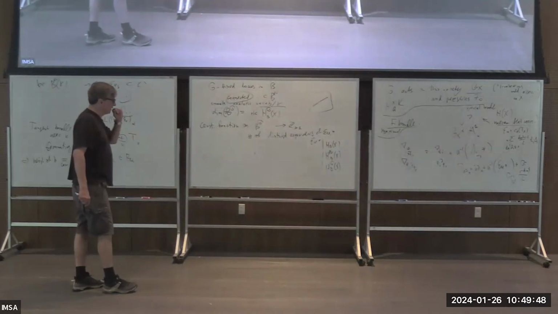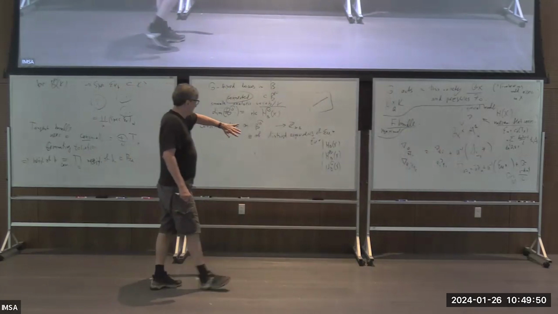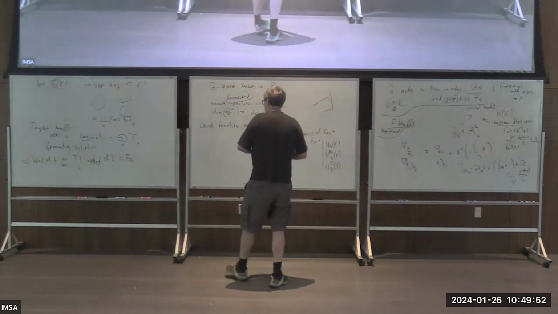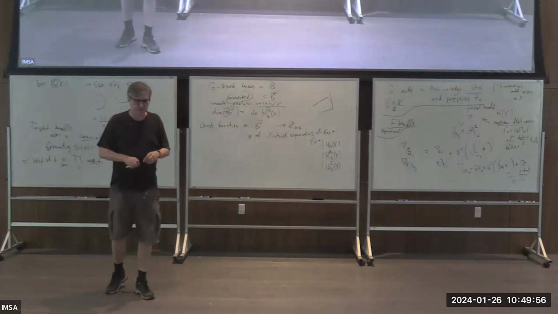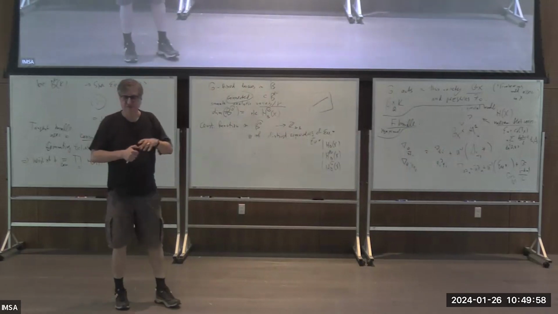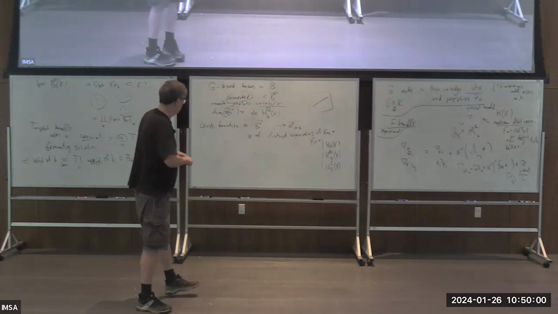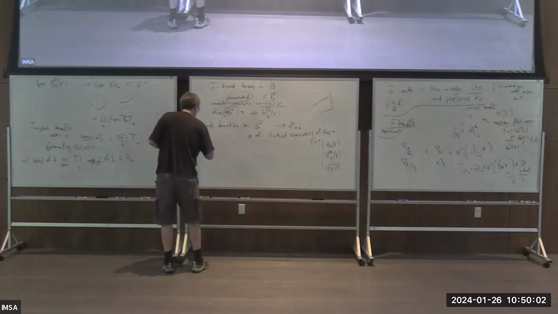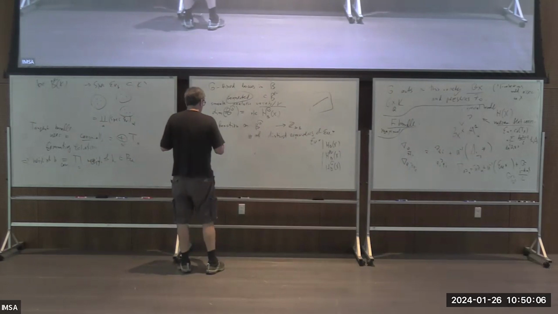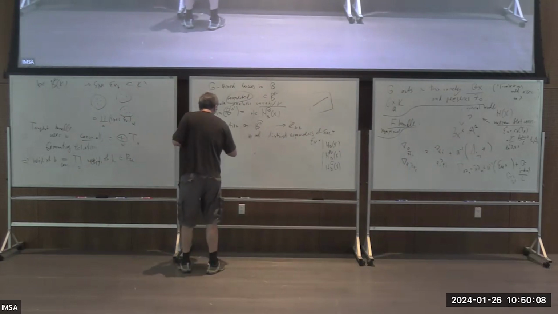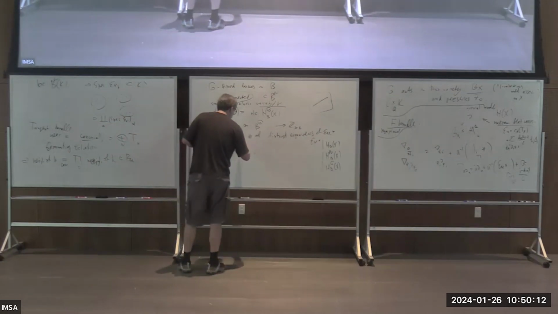So you get this constructible function, and on a connected set it has one maximal value at a generic point, and from an open locus it is constant.